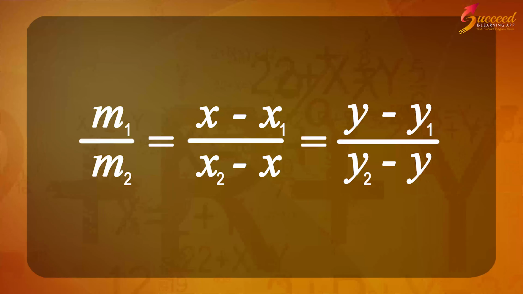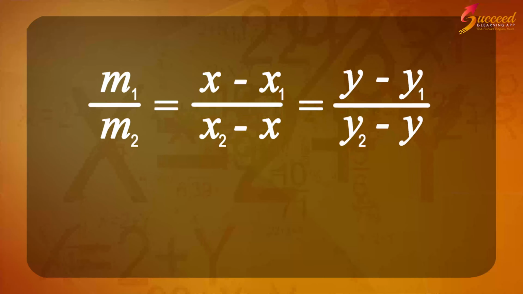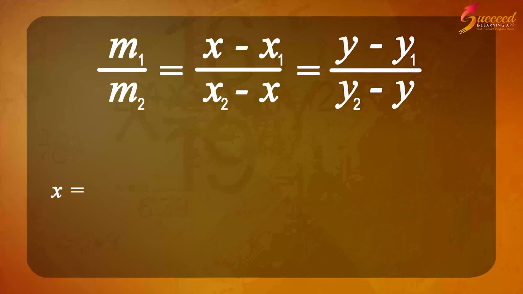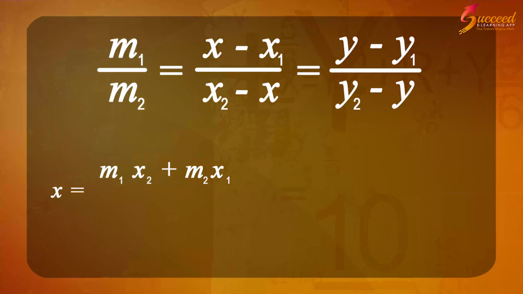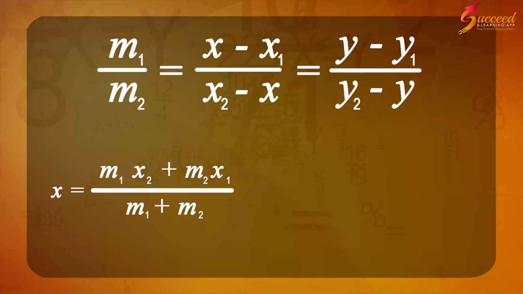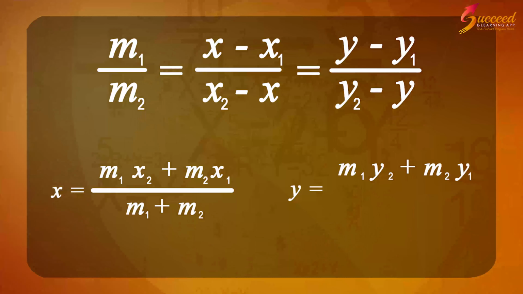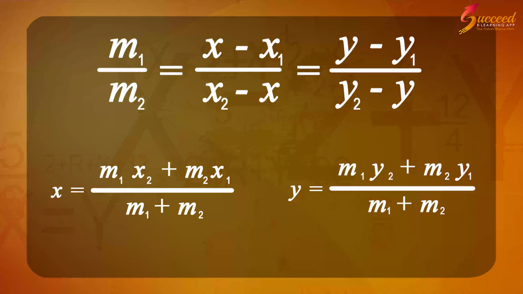By further simplifying the equation for x and y, we get x is equal to (m1 x2 plus m2 x1) divided by (m1 plus m2), and y equals (m1 y2 plus m2 y1) divided by (m1 plus m2).